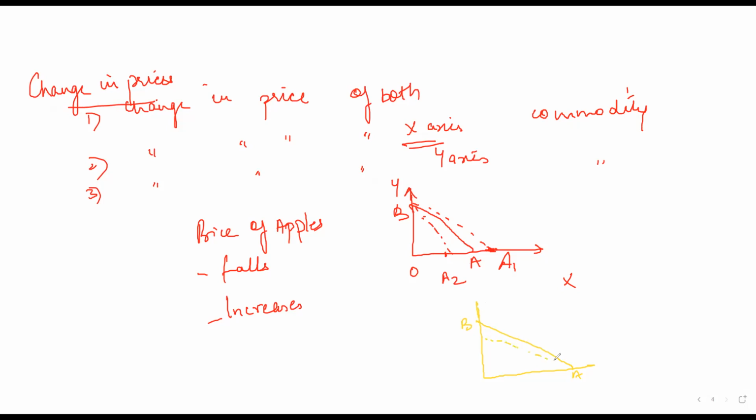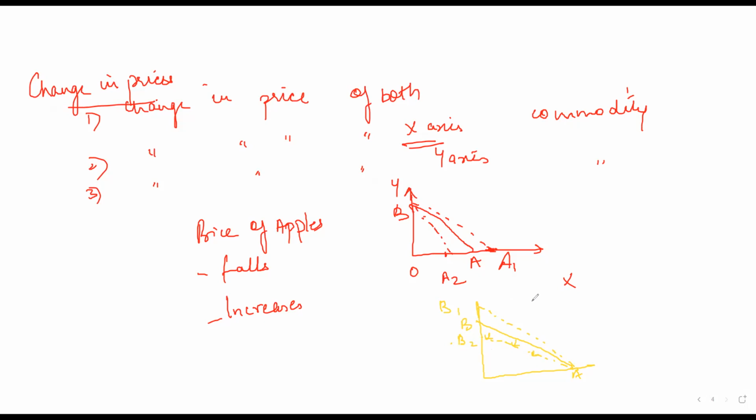So the maximum number of bananas will reduce and you'll probably come down to this B2 point. Whereas in case the price of bananas falls, you'll be able to increase the number of bananas in your bundle and the combination will be this. So this one is showing an increase in the prices and the other one, A, B1, is showing the decrease.